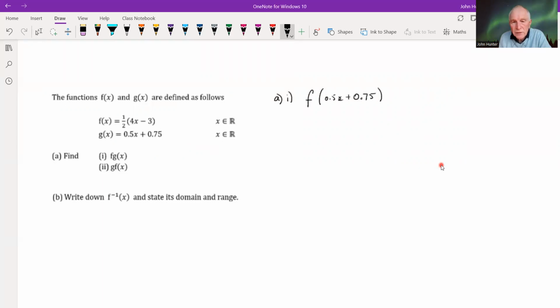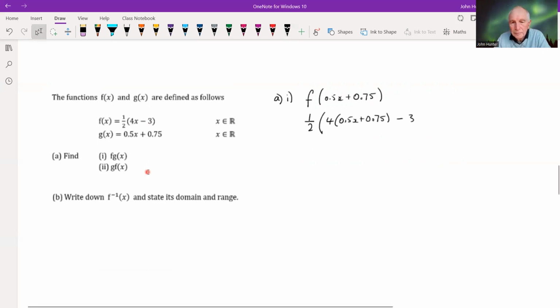And f is this half into 4x minus 3. So what we're looking at is a half into 4 into this lot, 0.5x plus 0.75, and then minus 3, which is here.